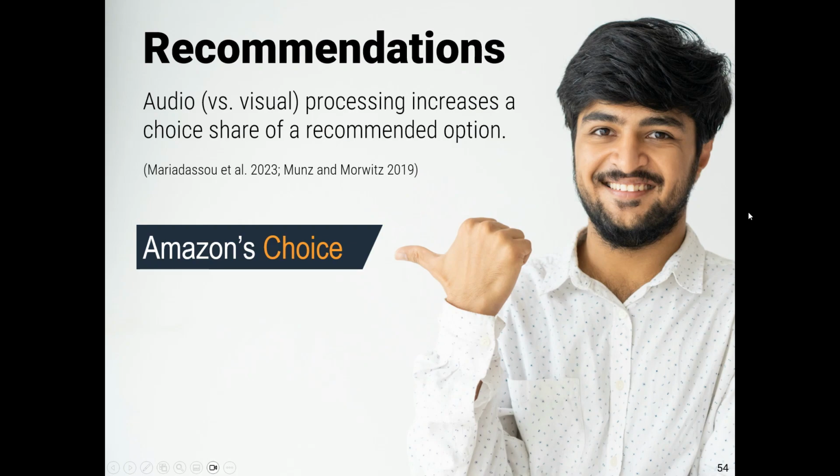Or considering a recommended option as a heuristic cue, it has recently been shown that people choose a recommended option more in an audio context, since it's harder to process information in a voice setting than in a visual context. All these findings are consistent with my notion that when people face a difficult task, consumers will be more likely to use heuristic simplifying strategies rather than fully and carefully process all the available information.